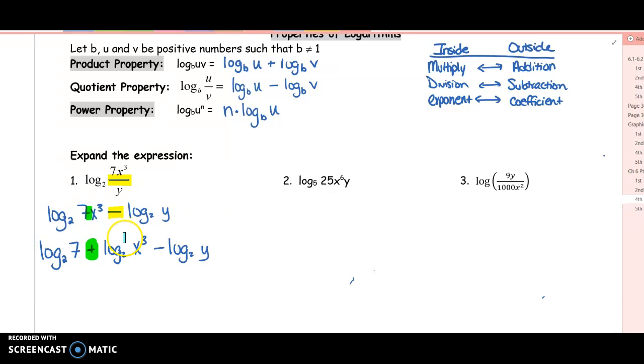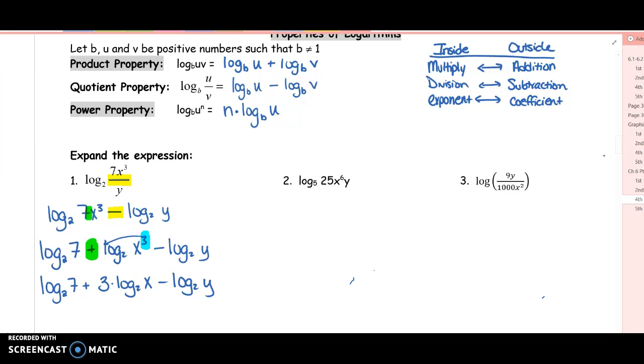Then I notice that we have an exponent of 3. Exponents do not stay in a log. Exponents move into the front of that particular log. So we still have log base 2 of 7, but this one becomes 3 times the log base 2 of x, minus log base 2 of y.